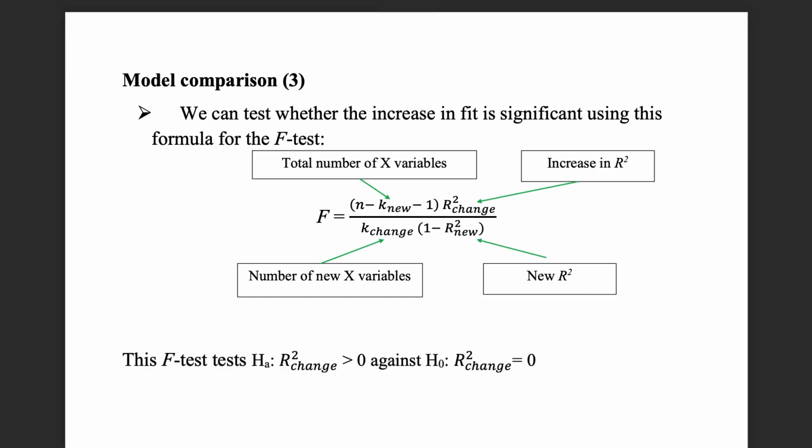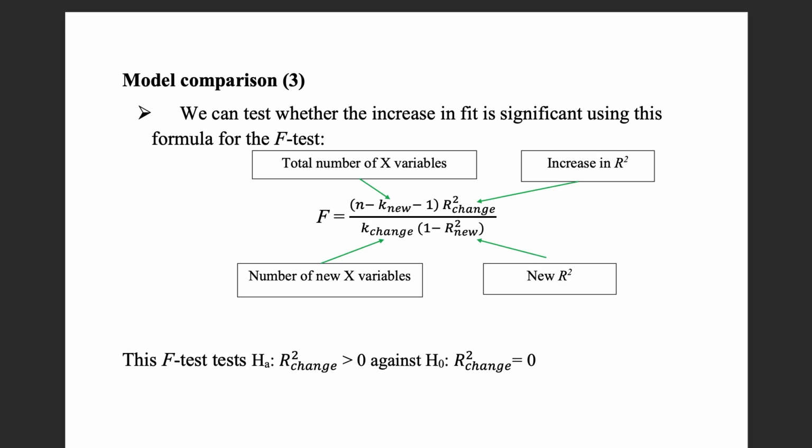So what we are doing then with this test is we are testing again a null hypothesis about r square, and what we are formally testing is the null hypothesis that r square change is 0 in the population against the alternative hypothesis that it is larger than 0 and it's a positive value. So in other words, the null hypothesis in this case being we have a new, more complicated model.